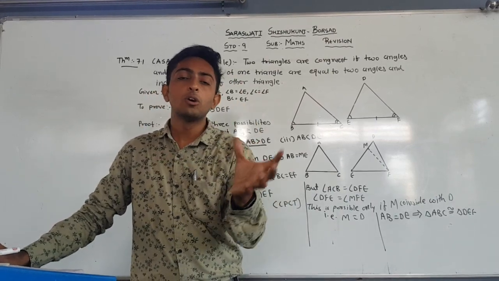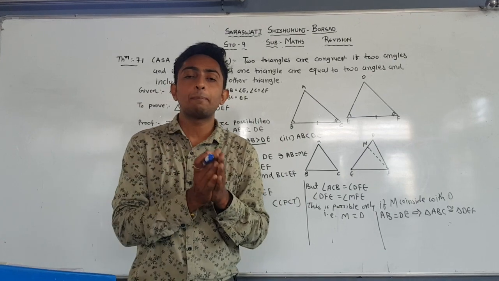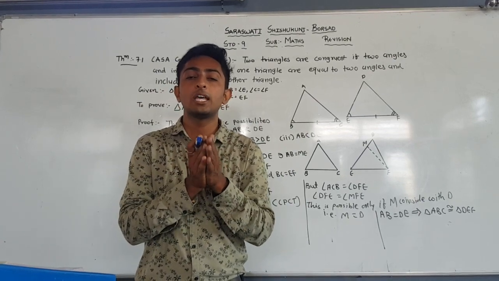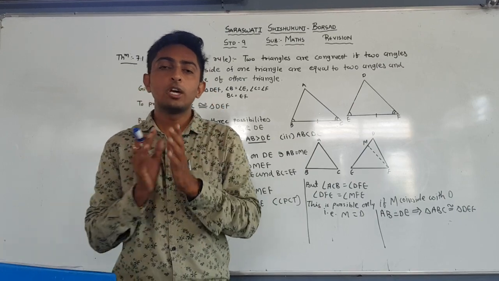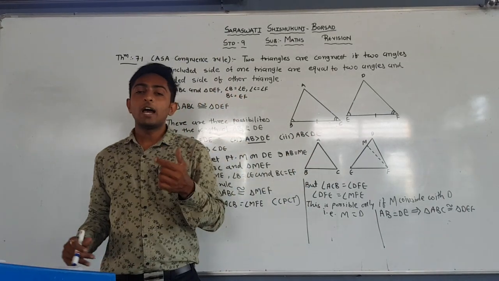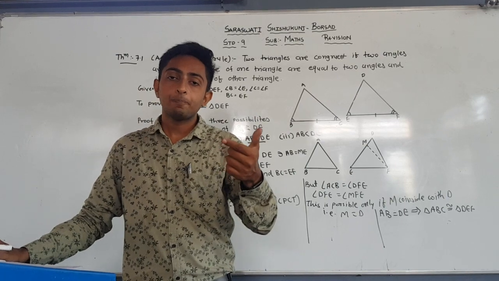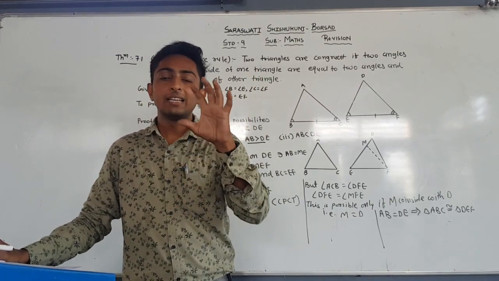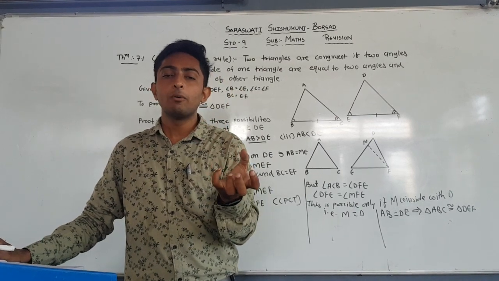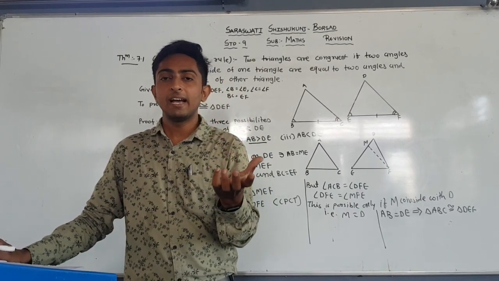So all the rules are very important, as well as in chapter number 6, those theorems whose proof is not given in the textbook. You need to prepare their statements. So in today's lecture, we are trying to give proofs of the theorems of chapter number 6 and 7. All theorems are important. They can be asked in the examination.